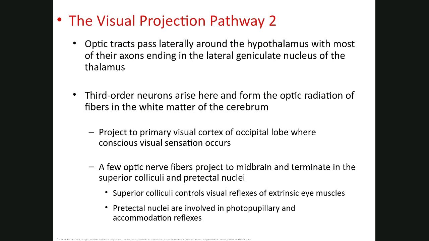One of the fibers will reach the superior colliculi, which will then coordinate with the tectospinal tract to make the necessary neck movements if we were to follow an object moving in a certain direction. Follow with our eyes.